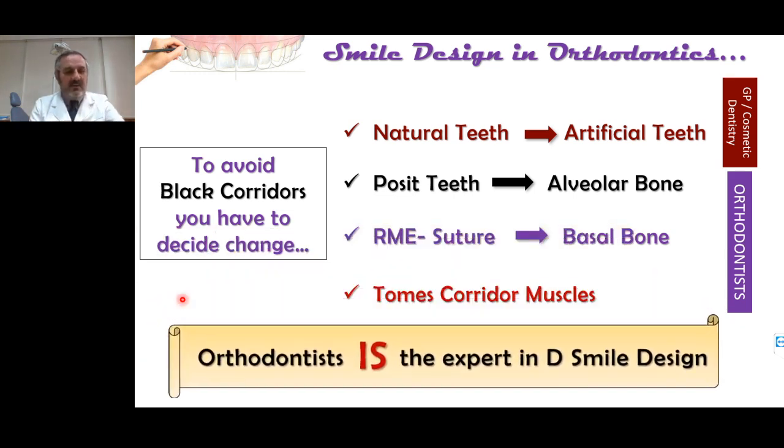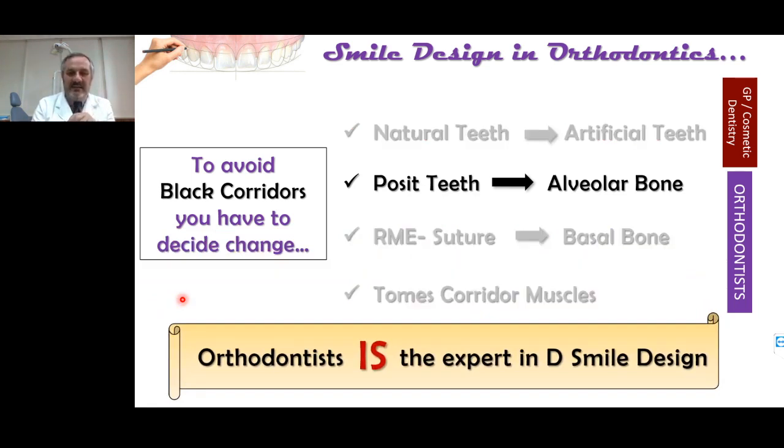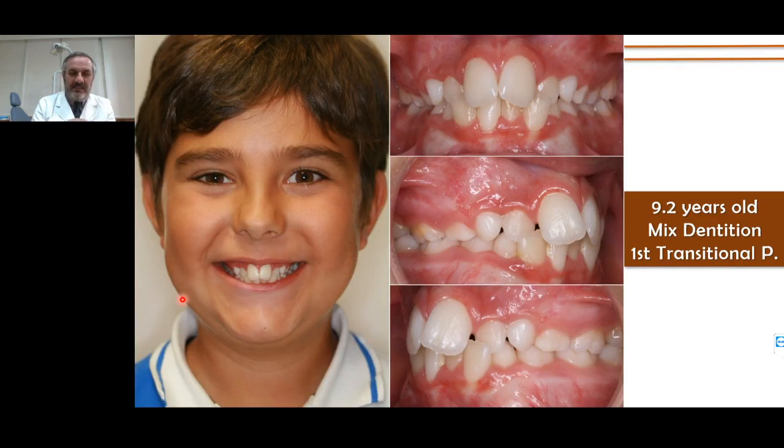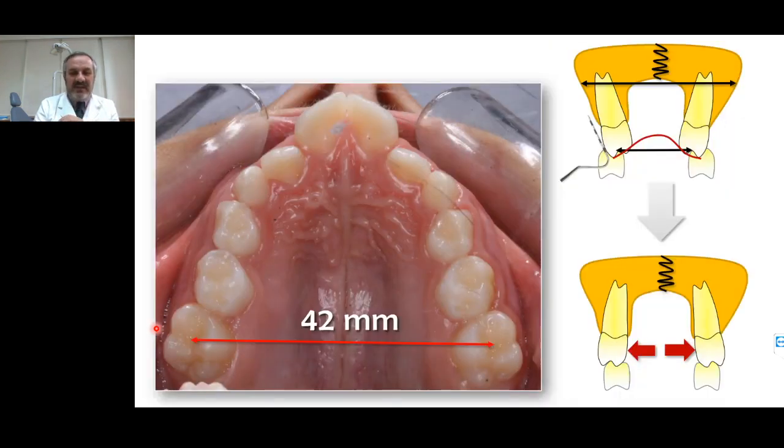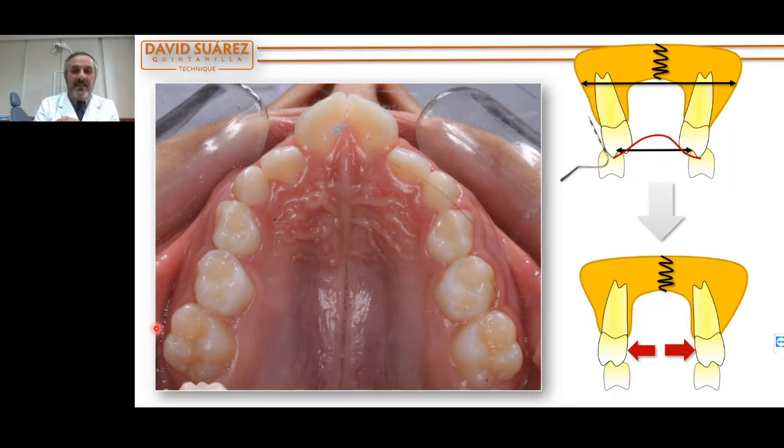This is an orthodontist. The orthodontist is the expert in digital smile design. This is a patient, for example, a very common, very simple case. The idea with this patient is that we have to treat the black corridors. To treat the black corridors, the first idea is to reduce expansion.